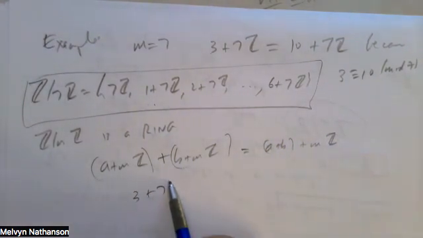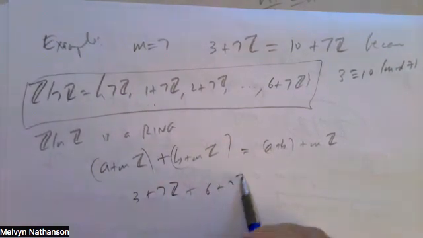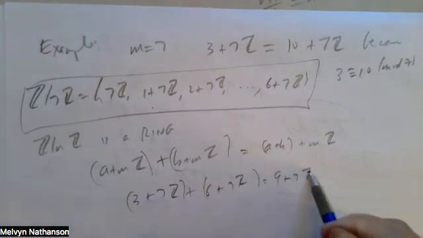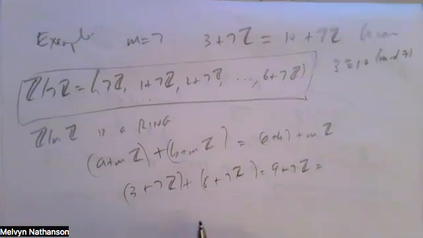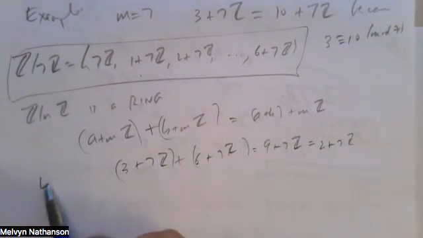So 3 plus 7Z plus 6 plus 7Z is 9 plus 7Z, but 9 is congruent to 2 mod 7. This is 2 plus 7Z.